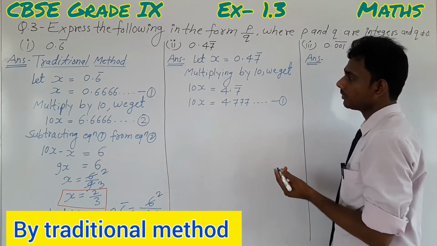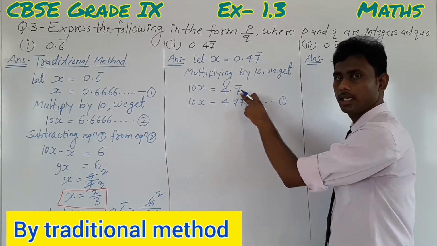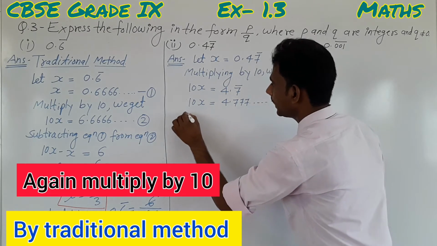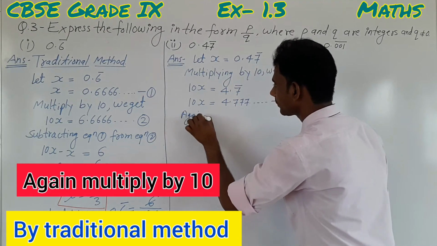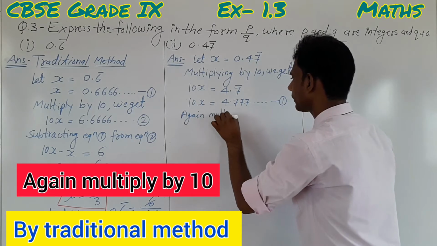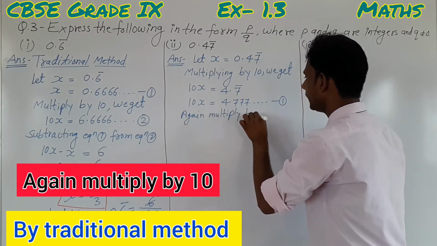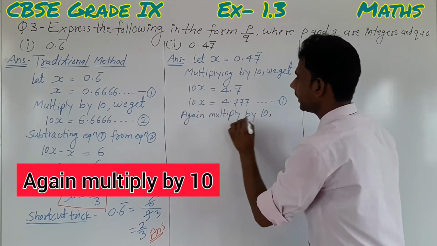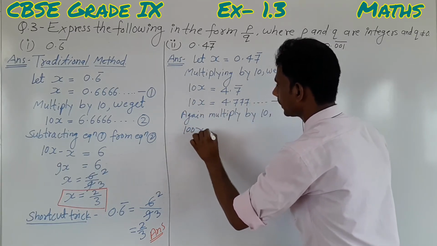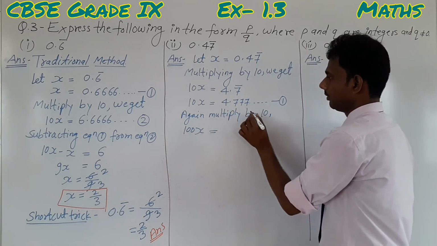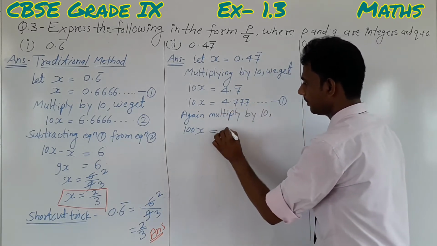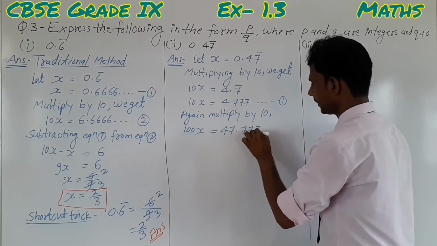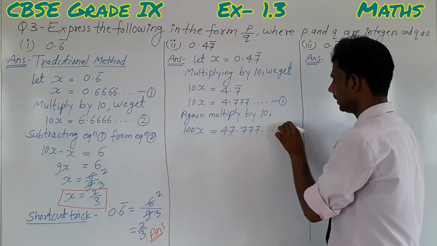Now again you multiply by 10, since one digit is recurring. Multiplying by 10 again, we get 100x equal to 47.777... This is equation 2.